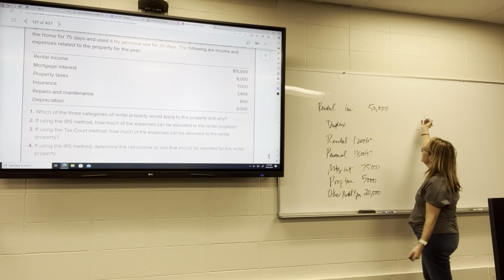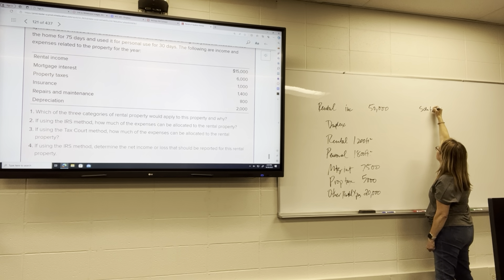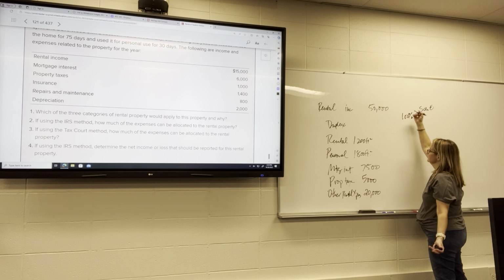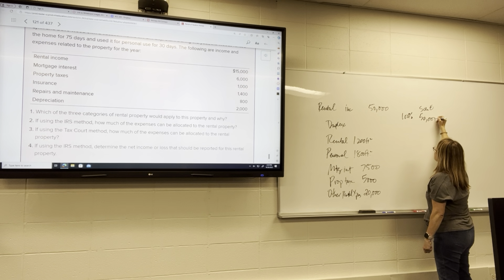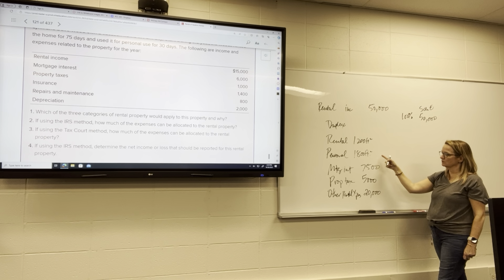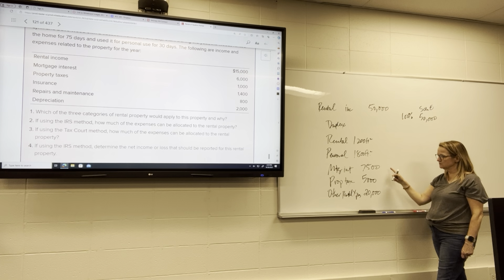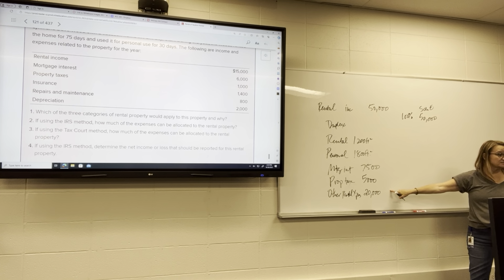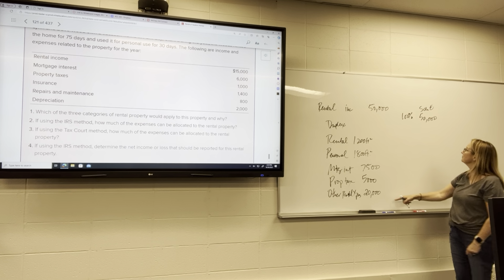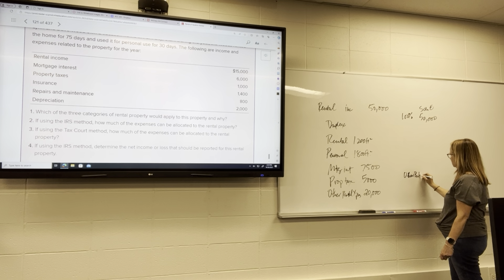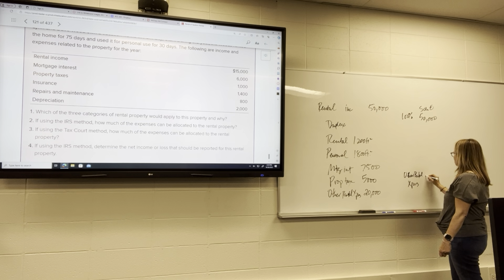So our rental income, 100% of that, obviously, here's our Schedule E. So 100% of the income is rental. That's its rental income. So $50,000 for the income. Now, we've got to figure out what percentage of these items would be rental. 100% of these are going to be rental because it says it's just for the rental property. These are expenses that only relate to the rental property. So, other rental expenses, $20,000.